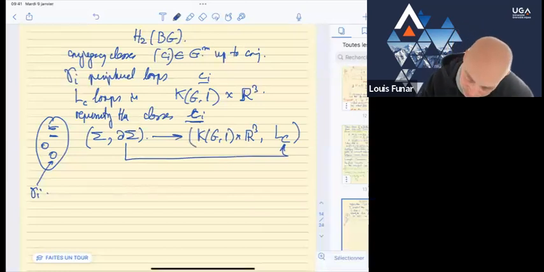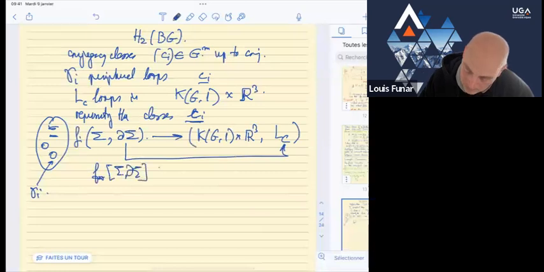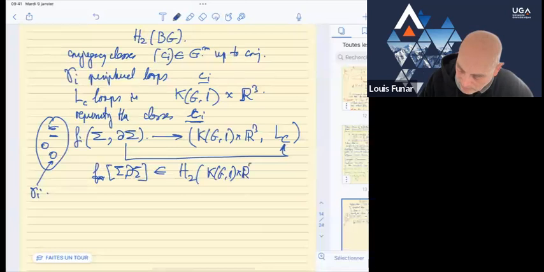So instead of considering the class in H_2, that would be into this space, H_2 of KG1 essentially times R^3, L_C. But L_C is a copy of circles.